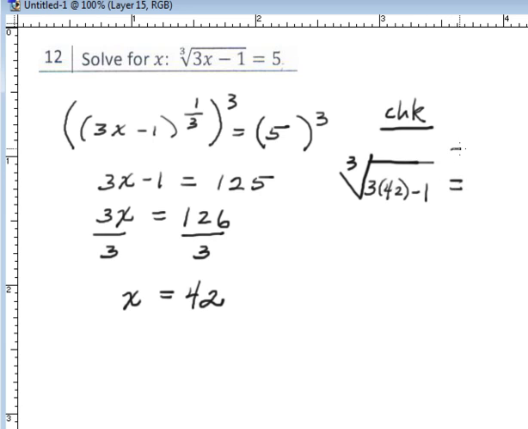And we want to know, is that equal to 5? So that's the cube root of 3 times 42, which is 126, minus 1 is 125, and the cube root of 125 is equal to 5.